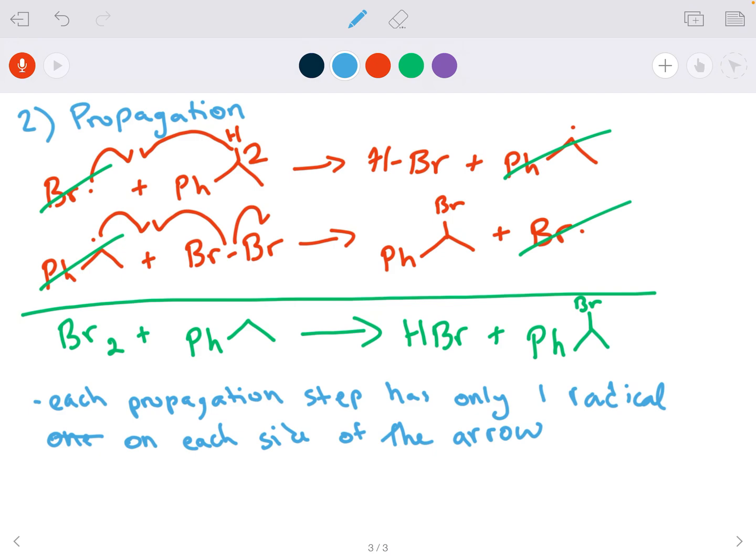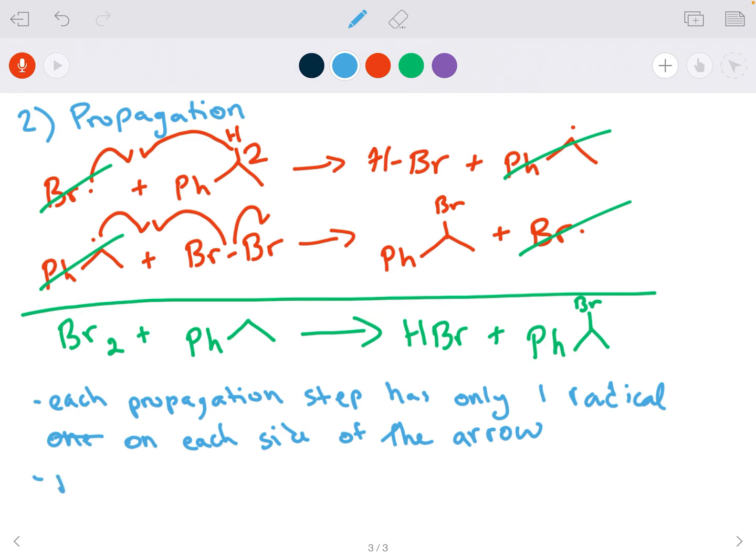There's never more than one radical because those radicals would react with each other, and then we'd be left with no more radicals. The chain reaction stops. So there's always going to be one radical on each side of the arrow.